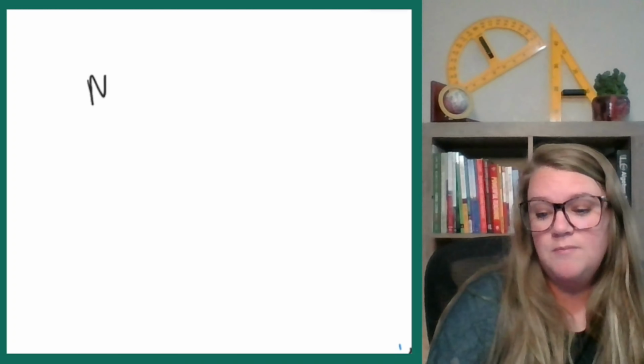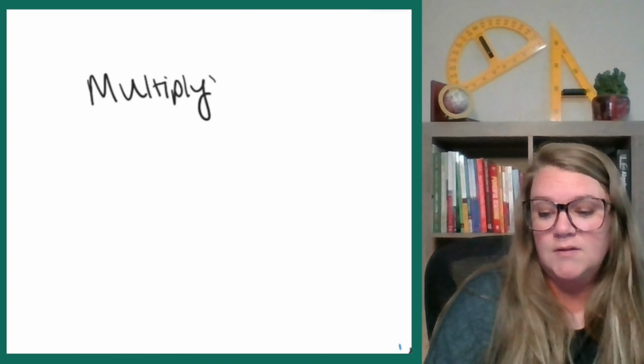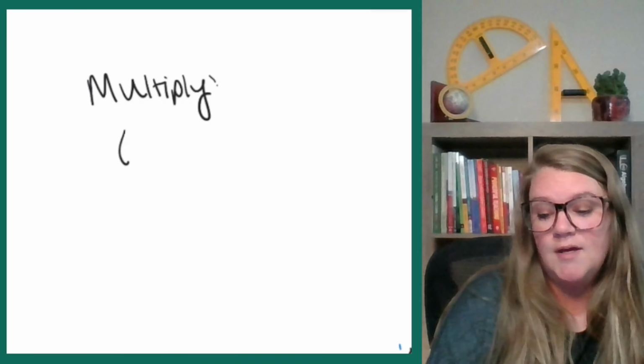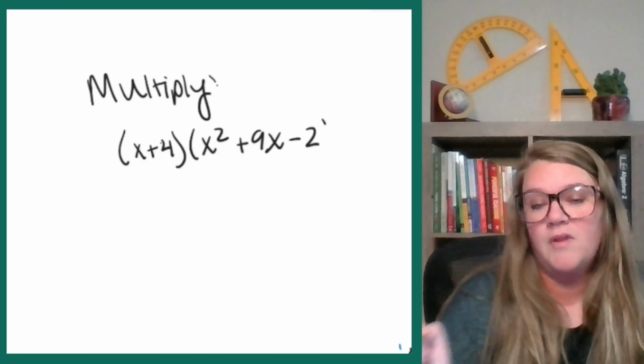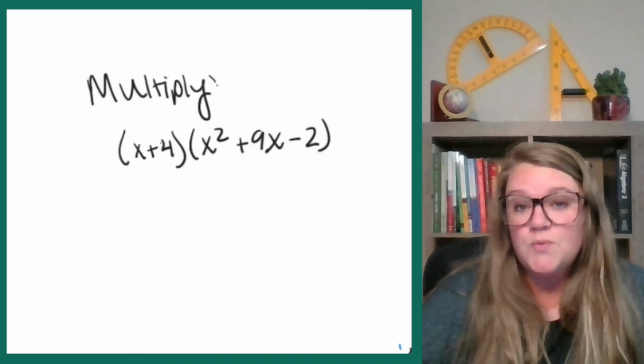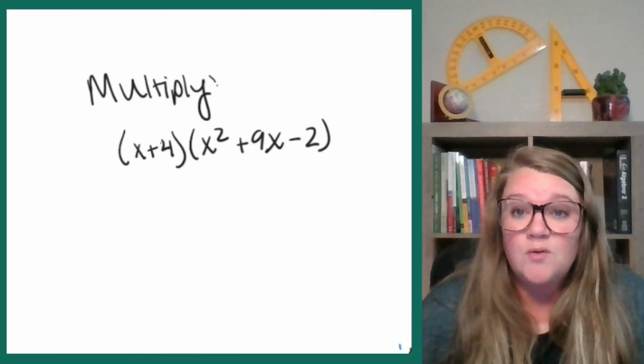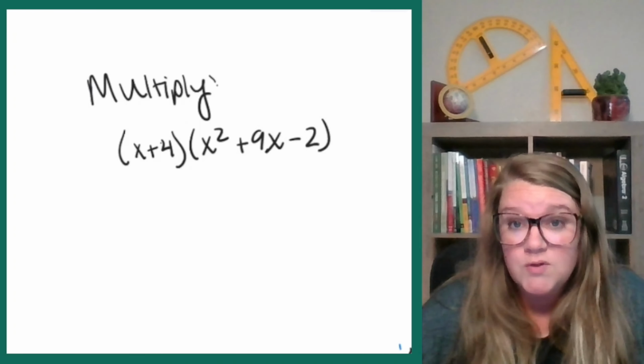So we are going to be multiplying. Let's multiply x plus 4 times x squared plus 9x minus 2. So it's really important in these to understand what kinds of polynomials we're multiplying.